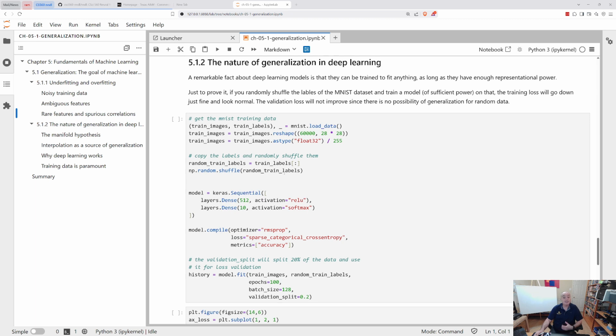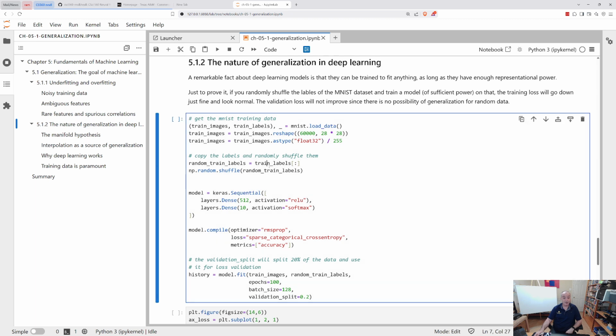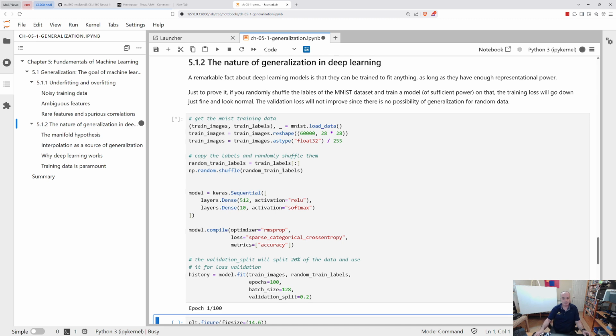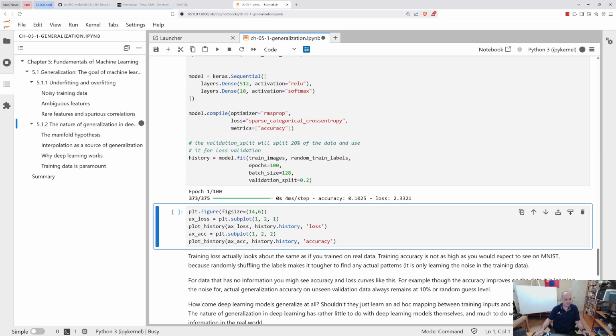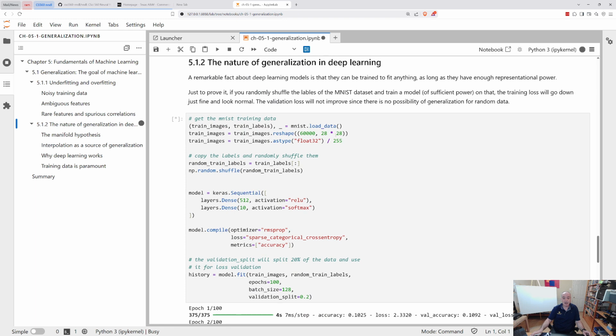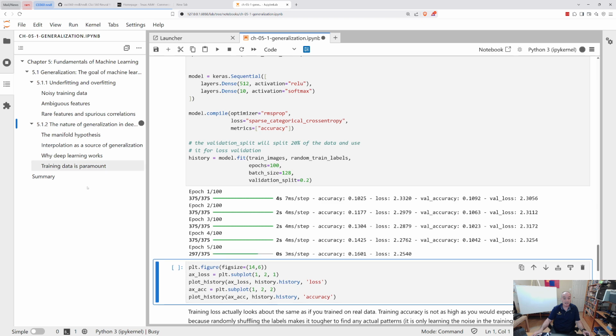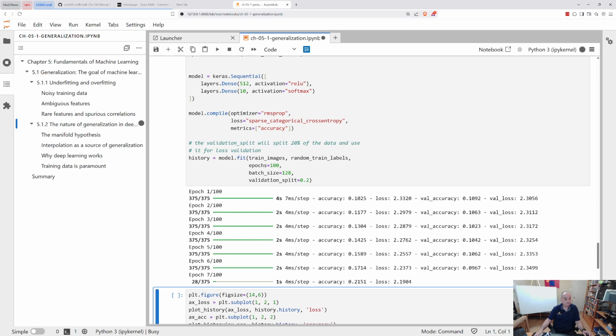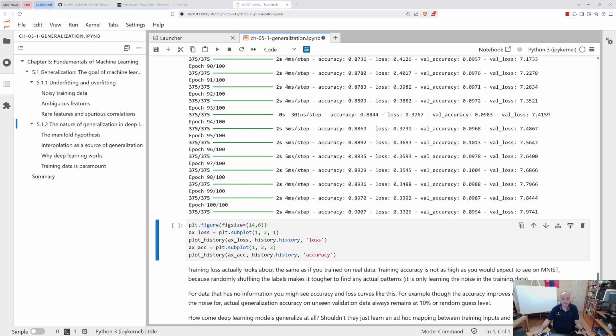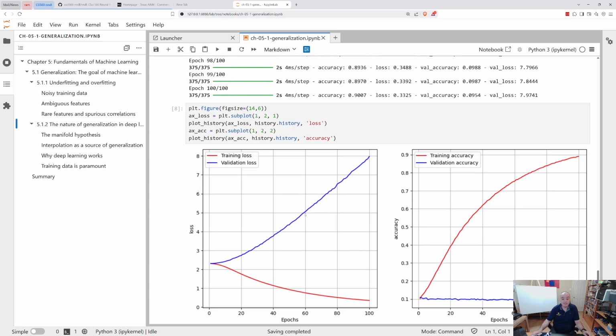So there's really no correlation between the shapes that are given and the label that we tell it is the correct label if we do it like this. Okay. In this case, we're using the same model as before, 512 units in a single dense layer. So let's go ahead and let that train. Okay, once training finishes, let's go ahead and do our usual learning curve plots here. These should look a little bit unusual to you.